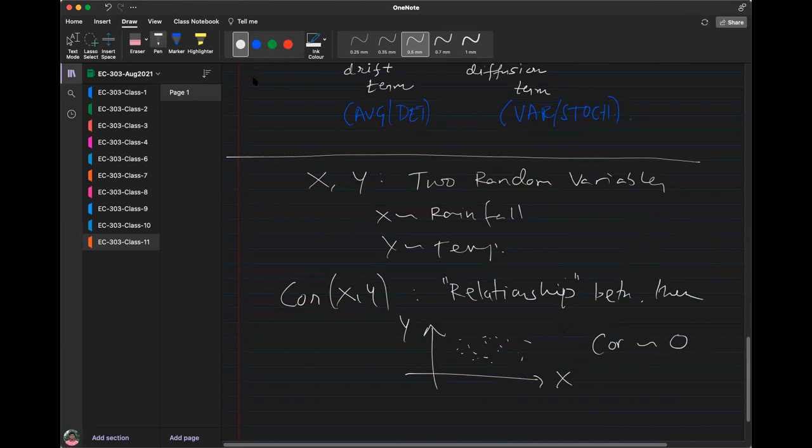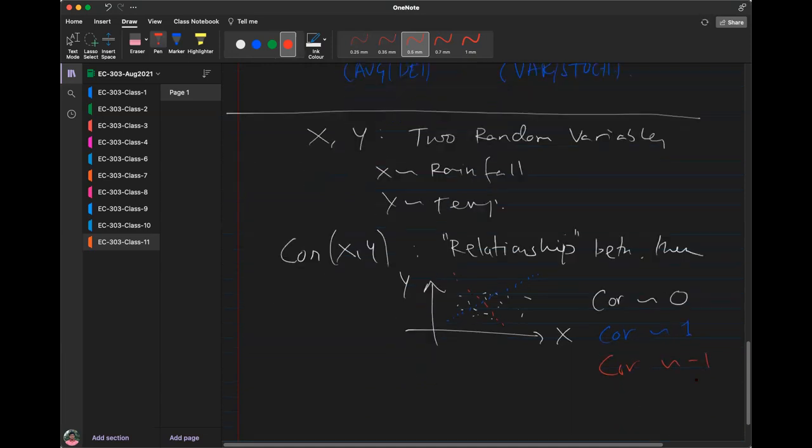On the other hand, if the data look like that, then close to 1. On the other hand, if it was this, we expect correlation to be close to -1.